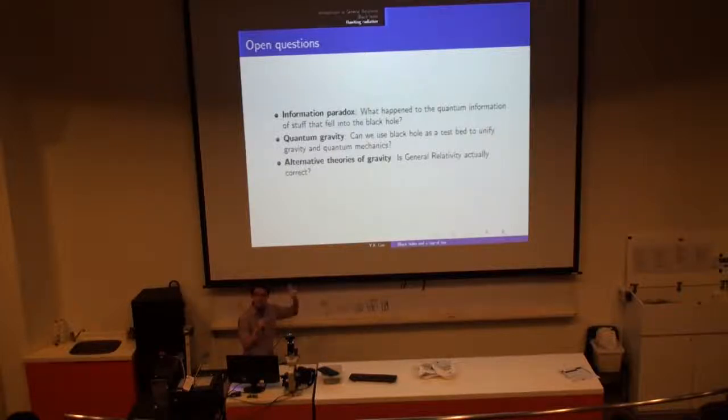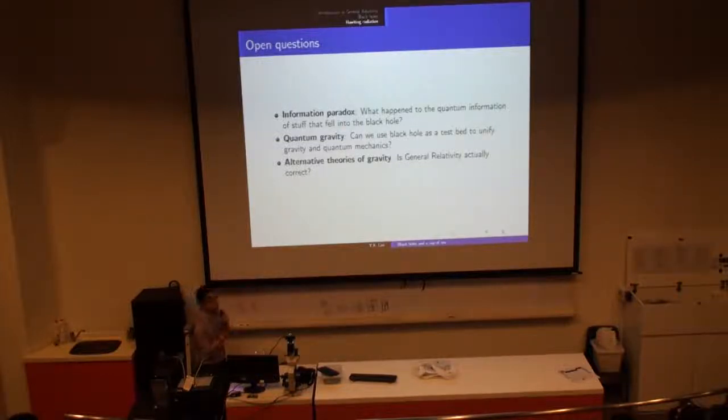That is something that physicists have been chasing for years and years and are still working on. Some of you may have heard of string theory. Some of you may have heard of loop quantum gravity. All these different theories somehow have something to do with the concept of black holes, but we still don't know what yet.